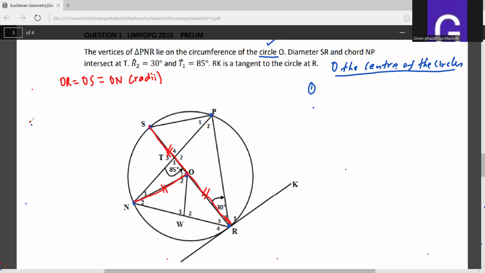In an isosceles triangle, as long as 2 sides are equal, it means the angles opposite to those sides are also equal. So obviously, in triangle ONR, angle R3 equals angle N2. What is the reason for that? Equal sides, equal opposite angles.